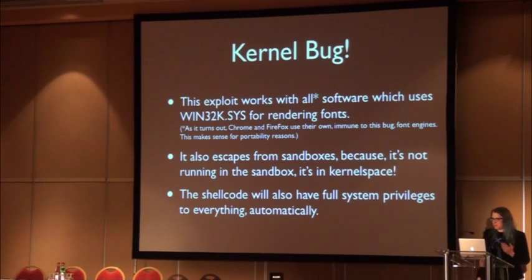But pretty much all of Microsoft stuff uses the standard Microsoft GDI stuff. And pretty much if you embed this font in like a web page or an Office document or whatever, it will work. It'll work even if you're running Office in a sandbox, because the exploit doesn't happen in Office, it happens in the kernel.